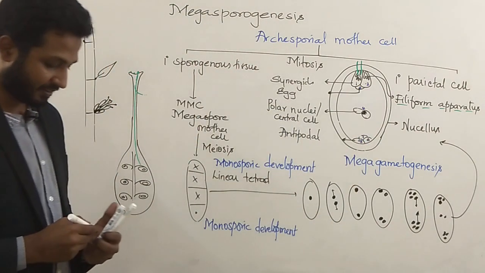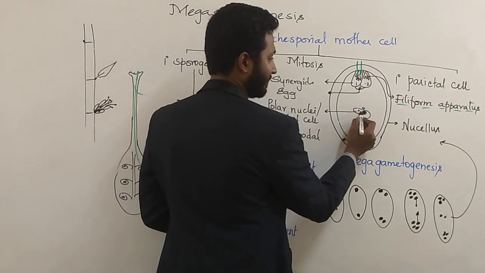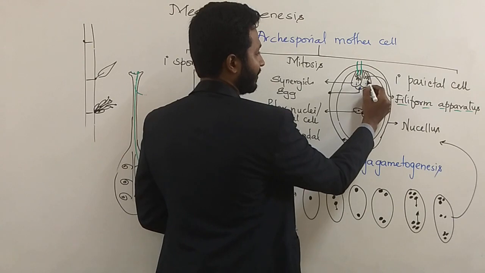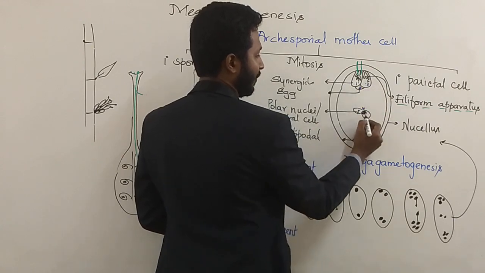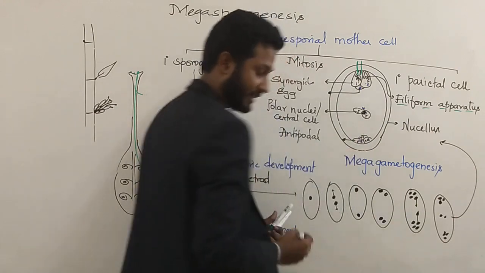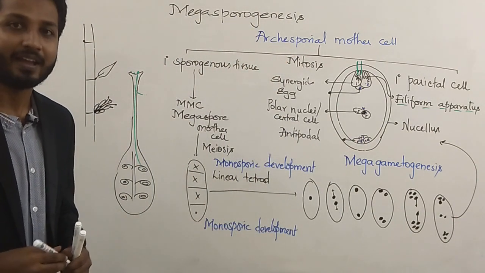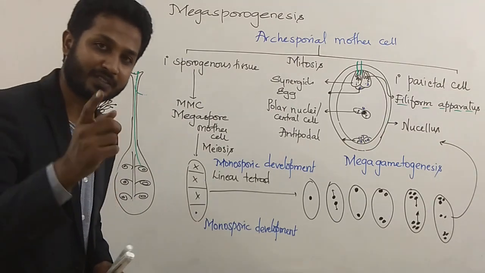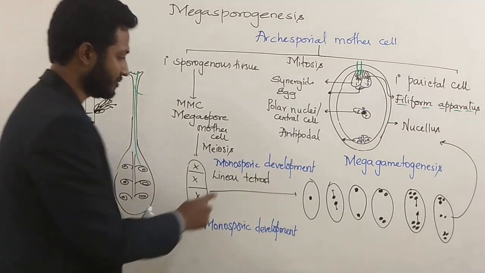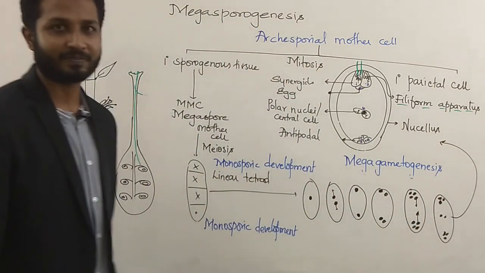Totally 7 cells. But the number of nuclei, this one initially was 2, right? So 1, 2, 3, 4, 5, 6, 7, 8. The 7-celled 8-nuclei condition is seen, and this process of development of the 7-celled 8-nuclei condition is known as megagametogenesis.